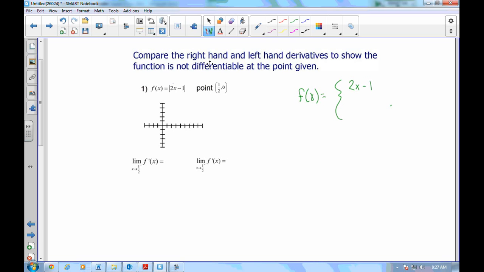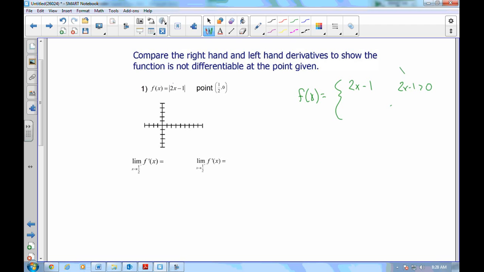(2x minus 1). Where would this be positive, meaning greater than 0? If you solve for x, you get 1 over 2.